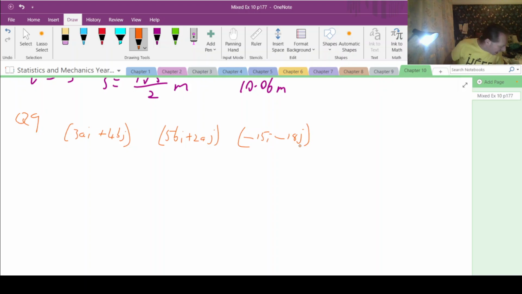They act on a particle of mass 2 kilos which is in equilibrium. Find the values of a and b.